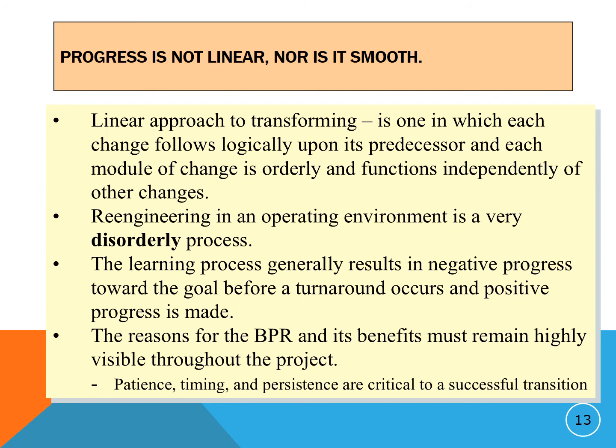Finally, the seventh transformation principle is progress is not linear, nor is it smooth. A linear approach to transforming an organization is one in which each change follows logically upon its predecessor, the task before, and each module of change is orderly and functions independently of other changes. Unfortunately, re-engineering in an operating environment is a very disorderly process.